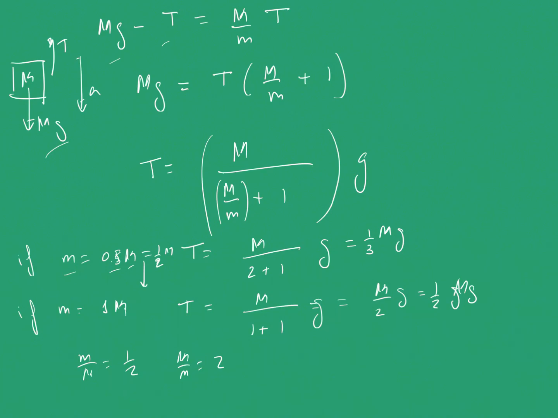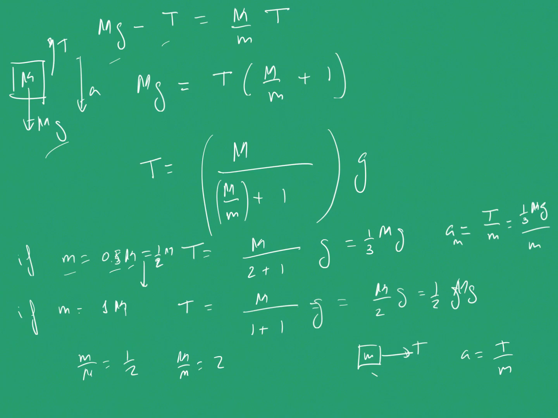So if the tension is increasing when the mass is increasing, what about the acceleration on little m? This is the tension. The acceleration will be the tension divided by the mass of the object. And the tension for this case, for example, the acceleration of little m will be the tension divided by the mass. The tension is 1/3 of capital M times g, divided by m. So this is the acceleration.